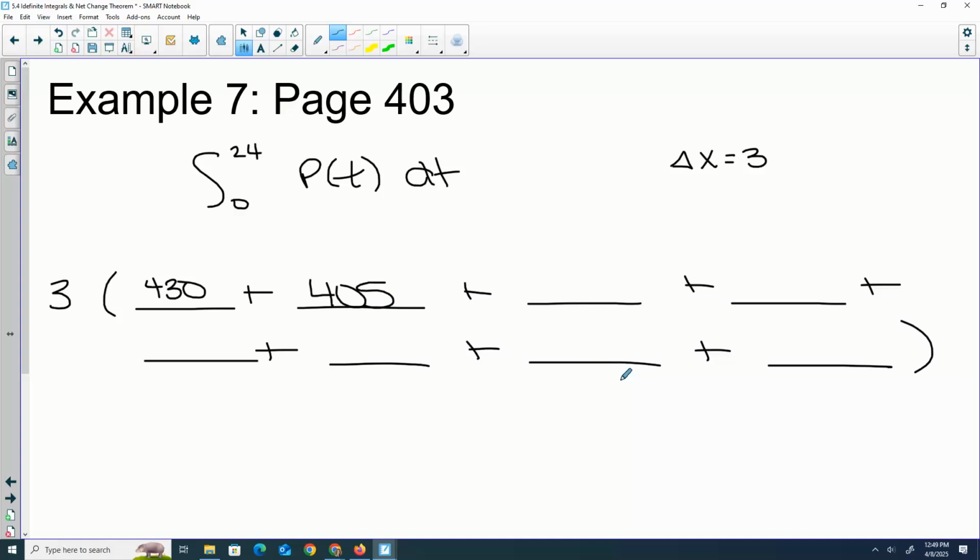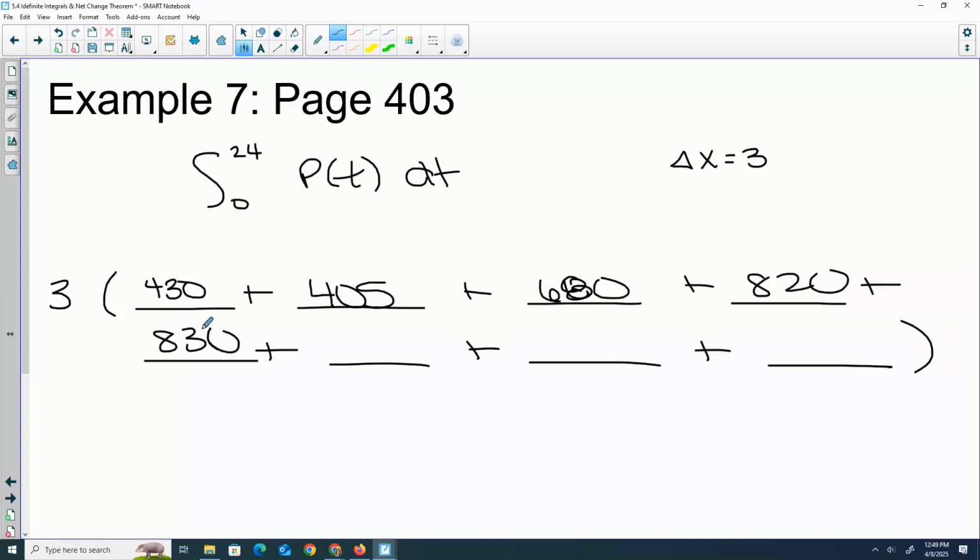We know this is an estimate. Between 6 and 9, so 7.5. What does that appear to be? 660, 680. Yeah, 680. Okay. Between 9 and 12. Okay, between 12 and 15.